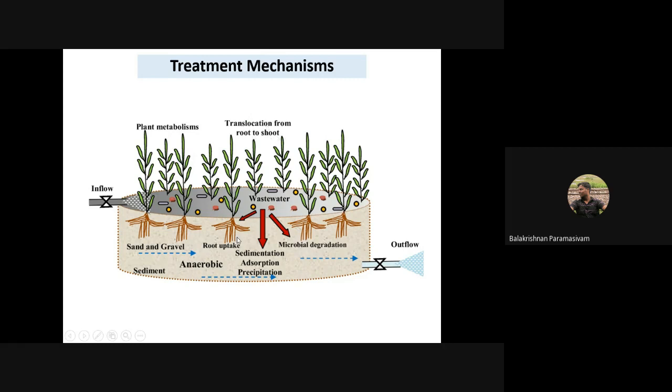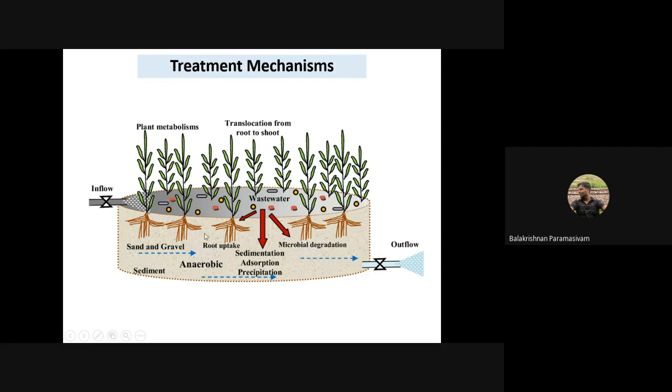Whatever pollutants are coming from the influent wastewater will pass through in a horizontal manner, and the plant roots will uptake the pollutants and store them in the shoot of the plants. If nutrients are coming, they will be used for photosynthesis and as energy, and it will improve plant growth.